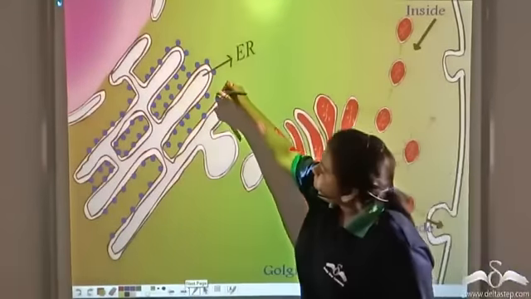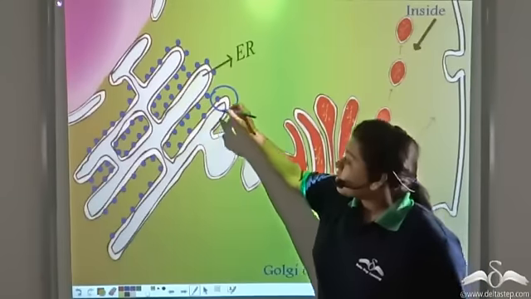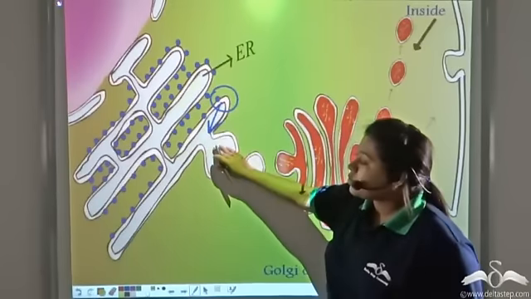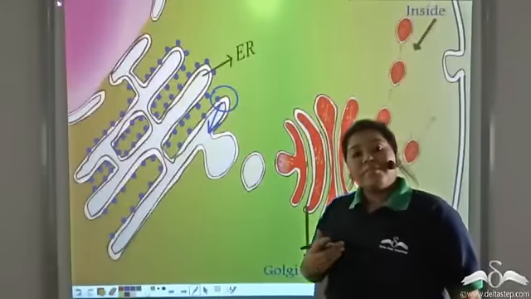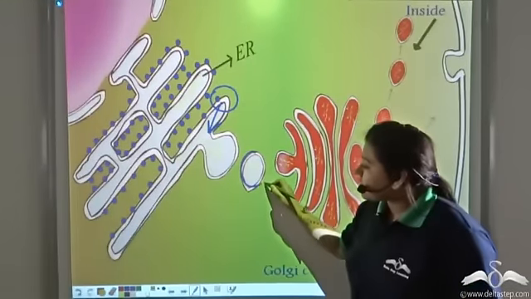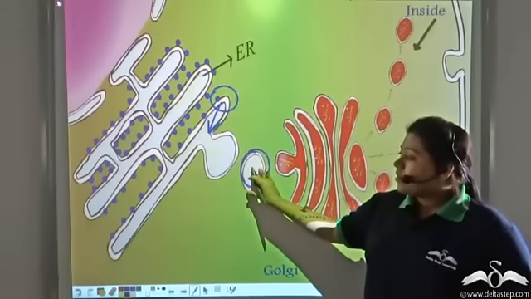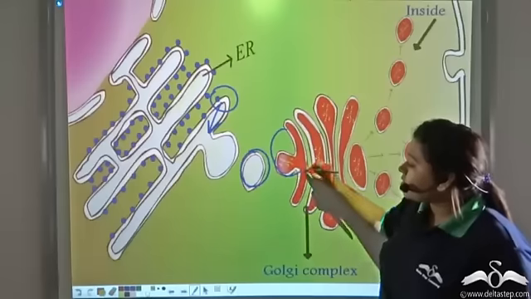See, the ribosomes are manufacturing proteins which are then getting transferred into the endoplasmic reticulum. Now, vesicles are pinching off from the endoplasmic reticulum containing these proteins. See? And now these vesicles are getting fused with the Golgi complex.